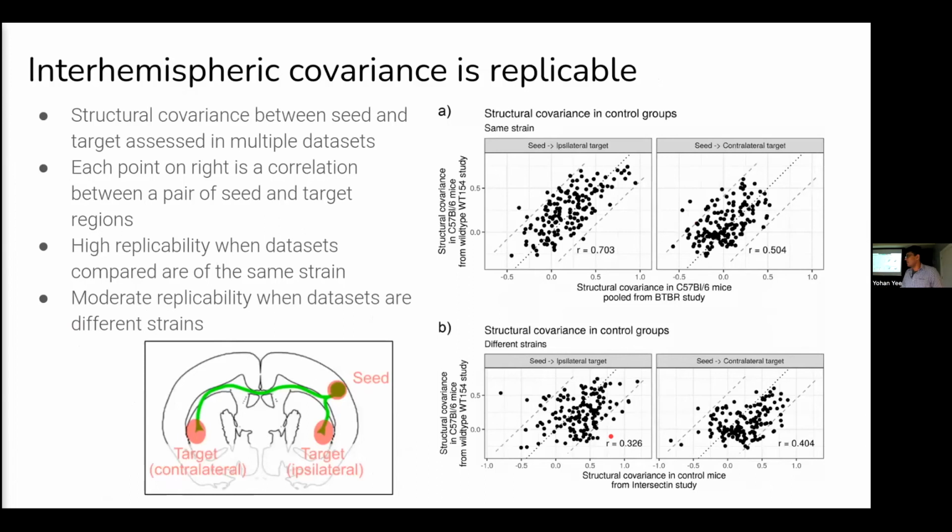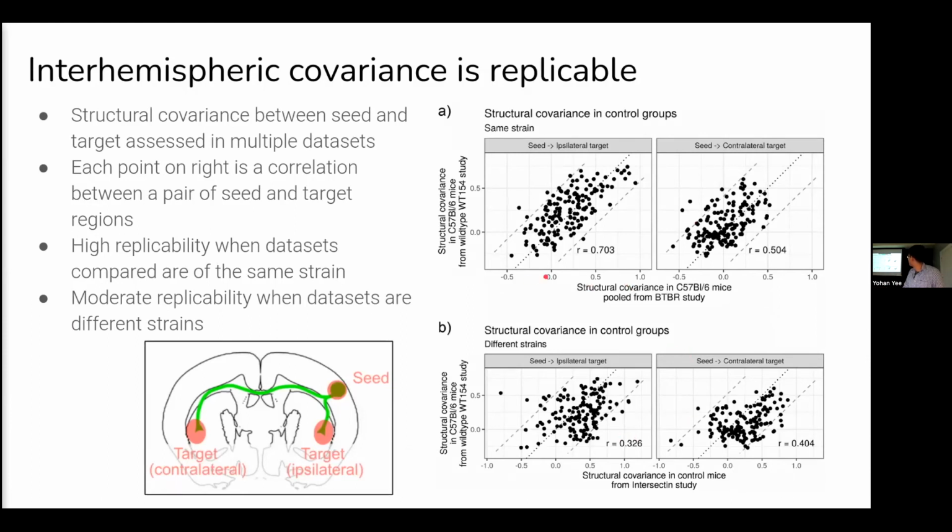Because we're dealing with fewer mice and a different data set, we also wanted to make sure that structural covariance was replicable. We could compare it to our original framework where we computed structural covariance in a larger population of subjects. And similarly, we found that.